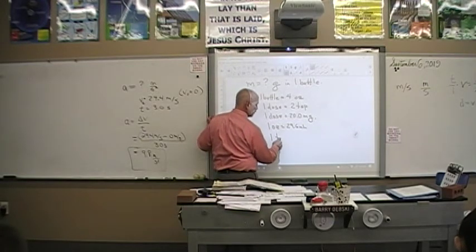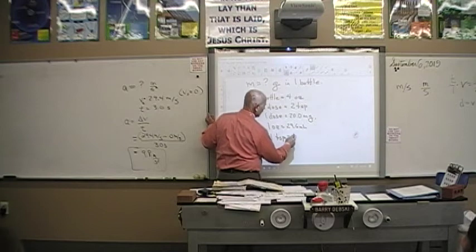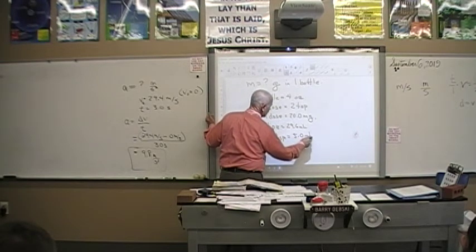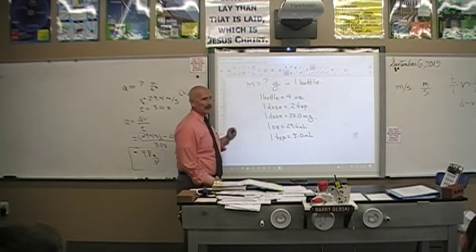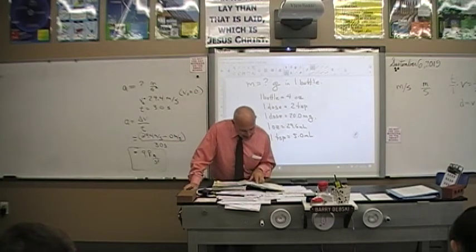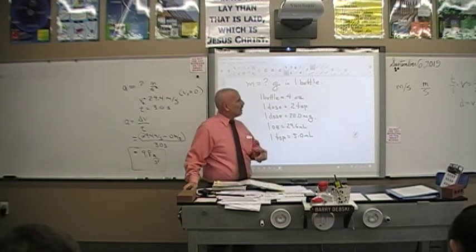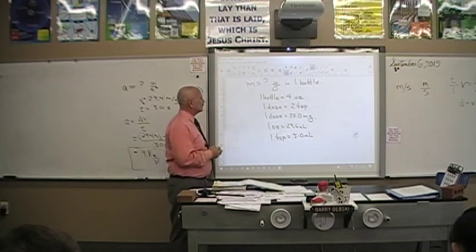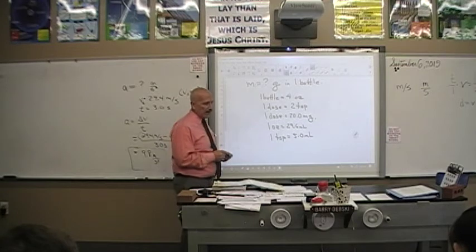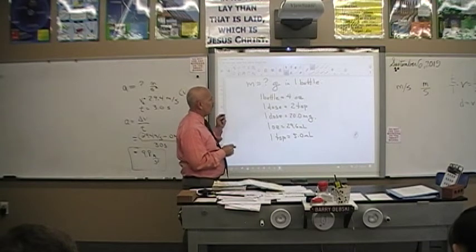That's another conversion. I don't know if we're going to need all these or not. Find out. Determine how many grams are contained in a bottle. How many grams of dextromethorphan?